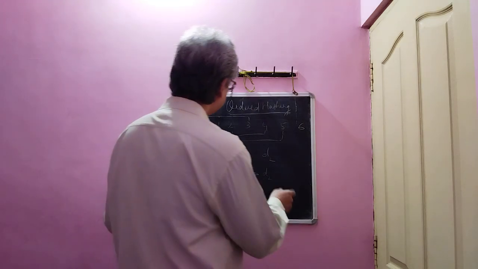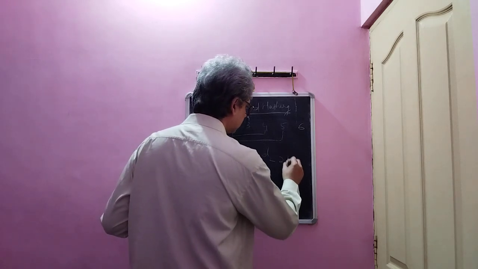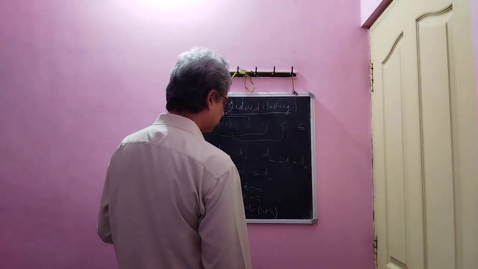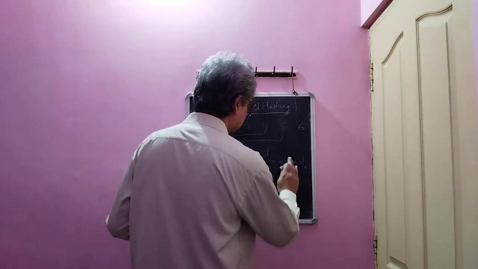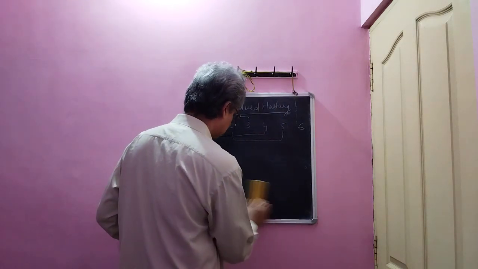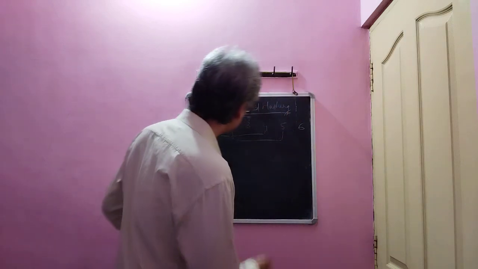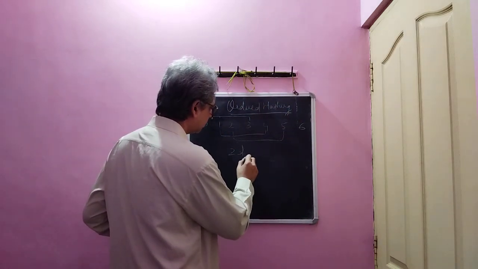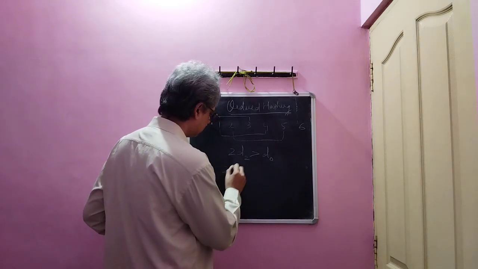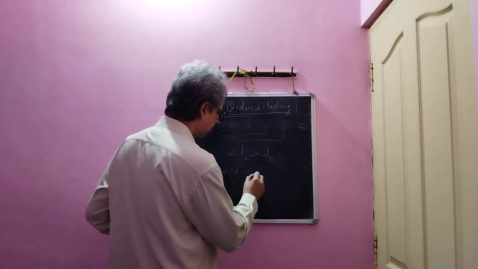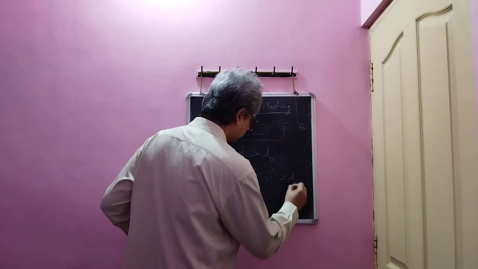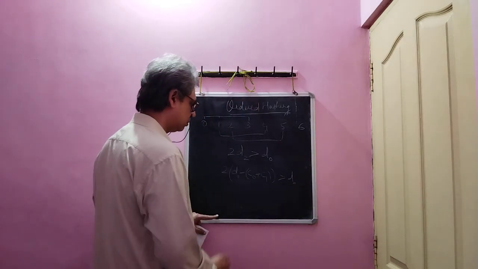Okay, now we require 2 times D2 must be greater than D0, that is, 2 times (D0 minus C0 minus C1) greater than D0.